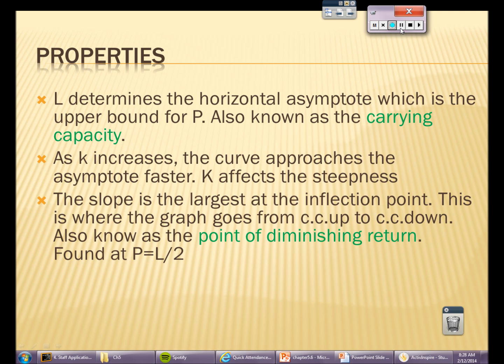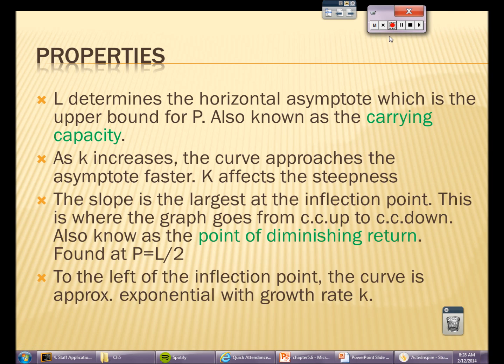We call that the point of diminishing return. To the left of the point of diminishing return, or the inflection point, you approximately have exponential growth, and your growth rate is the letter k.